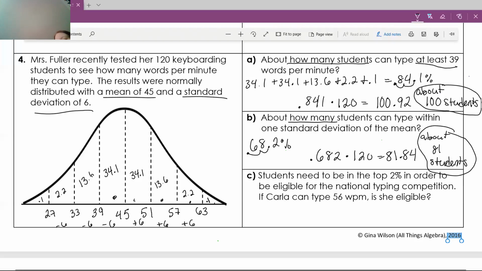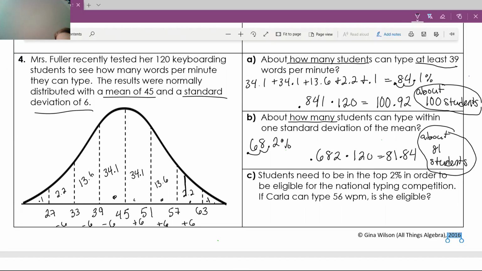Last but not least, this one takes some critical thinking. A student needs to be in the top 2% in order to be eligible for the national typing competition. So 2% is going to be inside this line. Right about here is going to be 2%. If Carla can type 56 words per minute, is she eligible? Where's 56 in my number line?